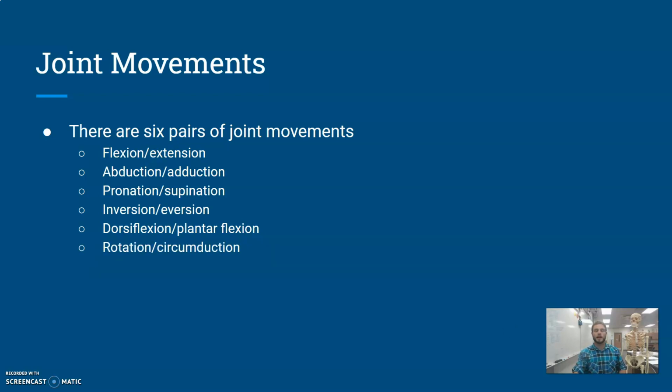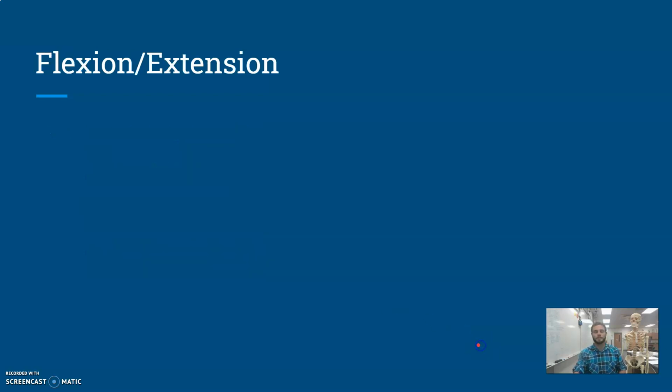And then the last one we'll look at is rotation and circumduction. So all 6 pairs of these are not necessarily opposites of one another, but for quite a few. In fact, the first 5 are all going to be opposites of one another, and then rotation and circumduction are a little bit different. They aren't quite opposites of one another.